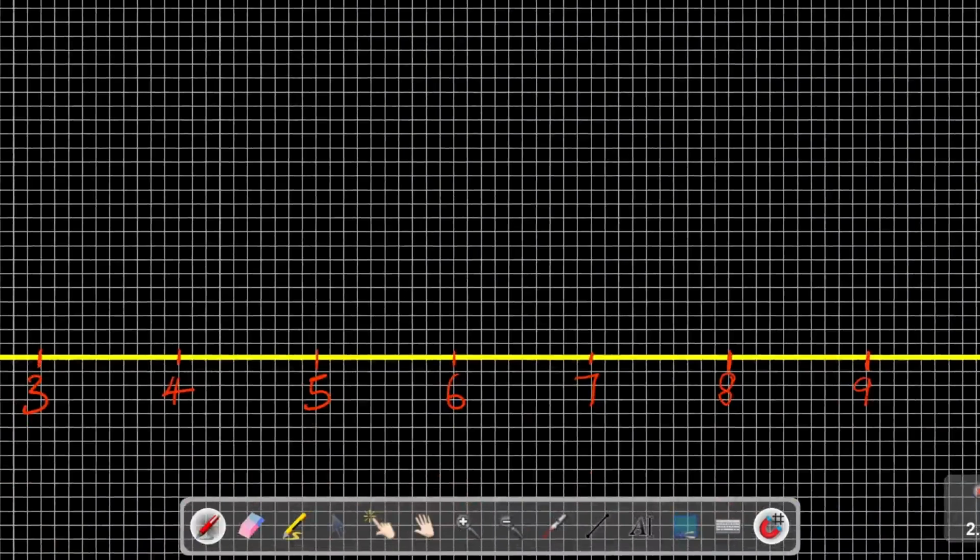And according to the same principle, 2 cm is representing 1 unit. Therefore, one line is going to be 0.1. So this is 8.1, 8.2, 8.3, 8.4, 8.5, 8.6, 8.7. So this is 8.7.